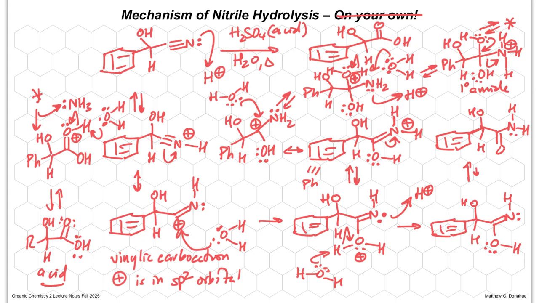So this is one of the, I would say, more drawn out mechanisms, because you have to do these proton transfers that jive with the pH of the medium. Things have to be neutral or plus charged. If you try to have nitrogen negatively charged, that's not going to be correct due to the sulfuric acid being present.